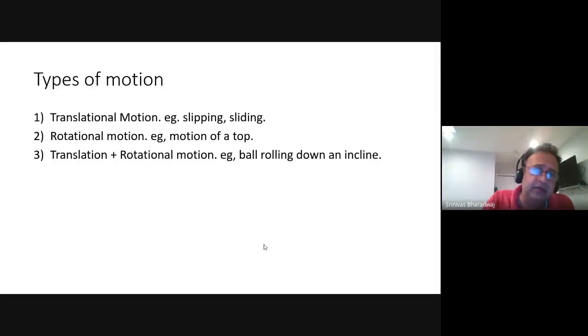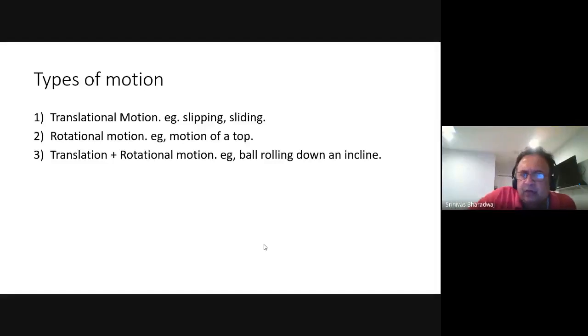Translation plus rotation, like when a car is moving, the wheels are rotating. Or like the motion of a top, which is only pure rotation. Then in between the two, there is translation plus rotation, which is like a ball rolling down an incline, a car rolling down a plane, etc.